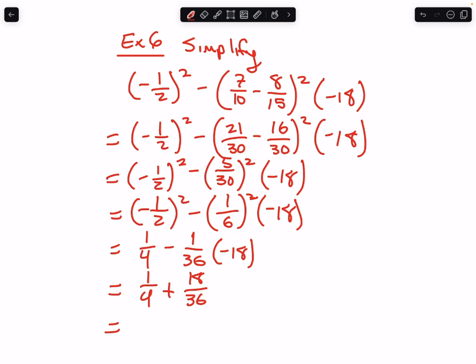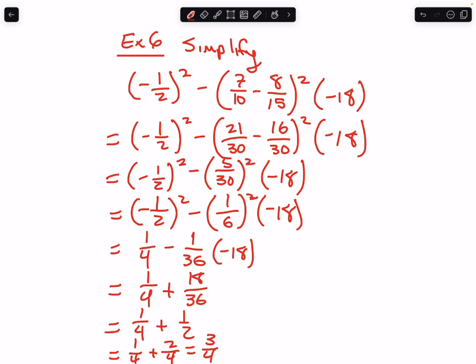Can divide both of those by 18 to get 1 over 4 plus 1 over 2. Those have different denominators, but we should be able to see that 1/2 is equal to 2/4. You can write that out if you need to. 1/4 plus 2/4 is 3/4, which is our final answer.